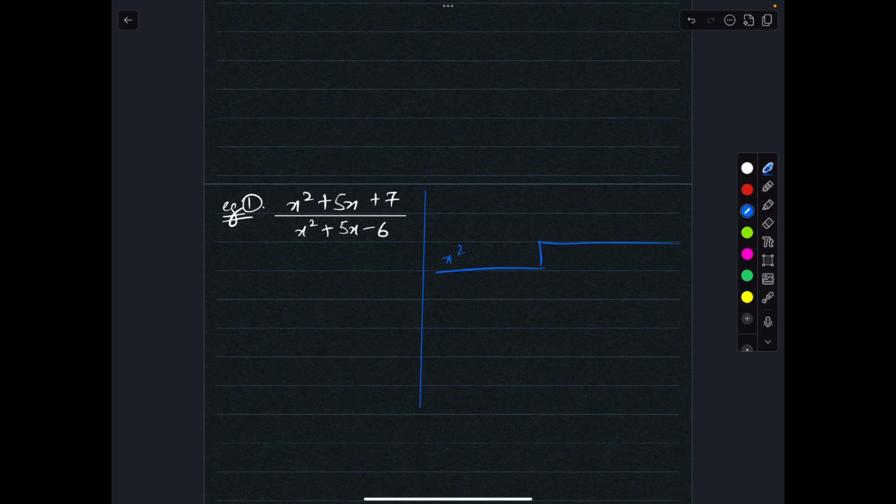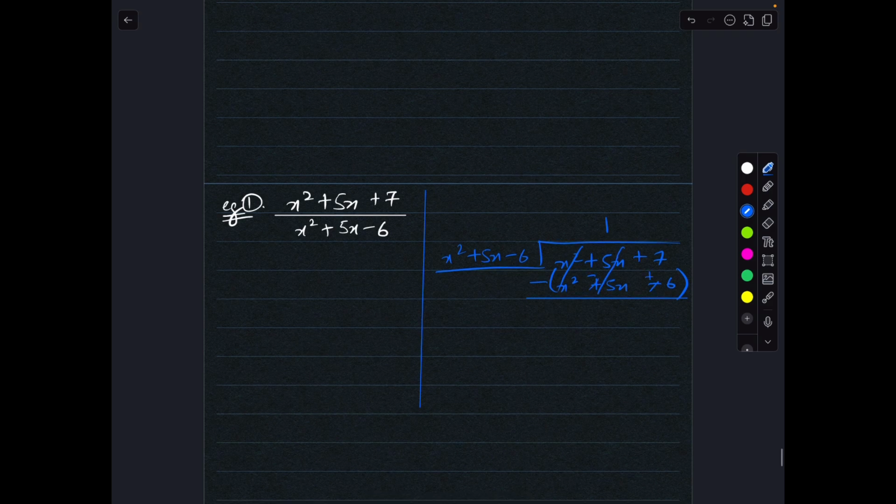So, long division is similar to how we learned to divide polynomials, and so this is what we have. I should have a 1 in the quotient, and thus I have x squared plus 5x minus 6. I subtract the whole thing, and the remainder turns out to be 13.